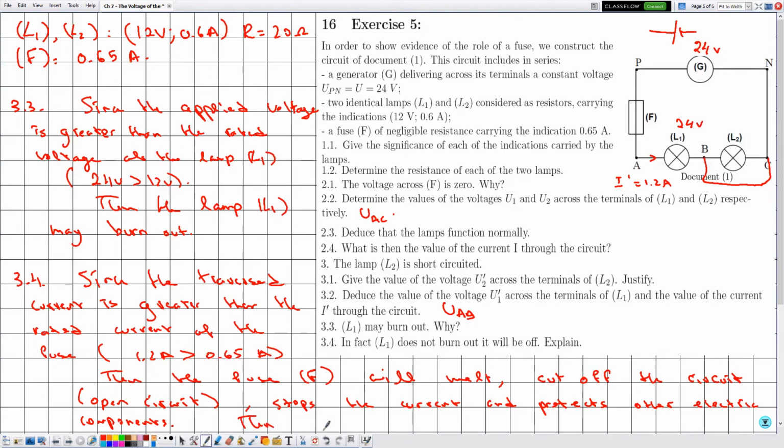Then L1 doesn't burn out. It will be off. Okay, so this is the role of the fuse.